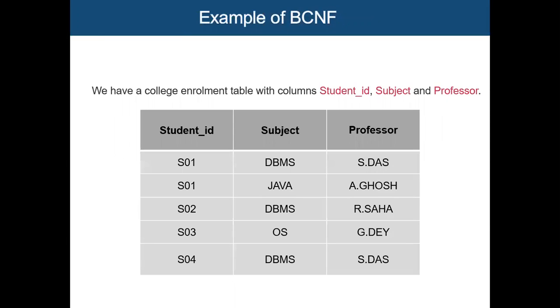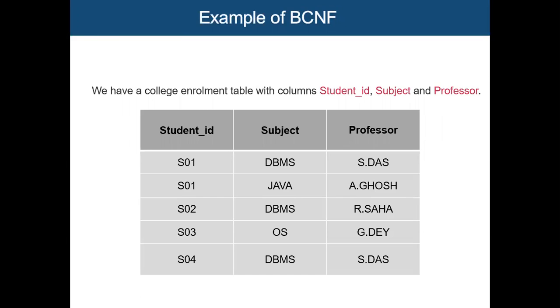Now, an example of BCNF. We have a college enrollment table with columns student ID, subject and professor. In the above table, one student can enroll for multiple subjects. For example, the student with student ID S01 has opted for subjects DBMS and Java.